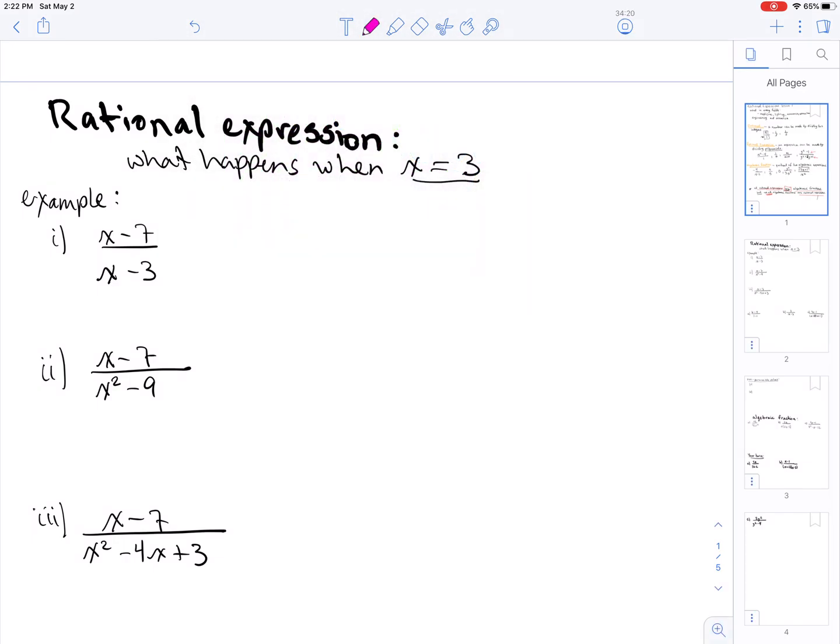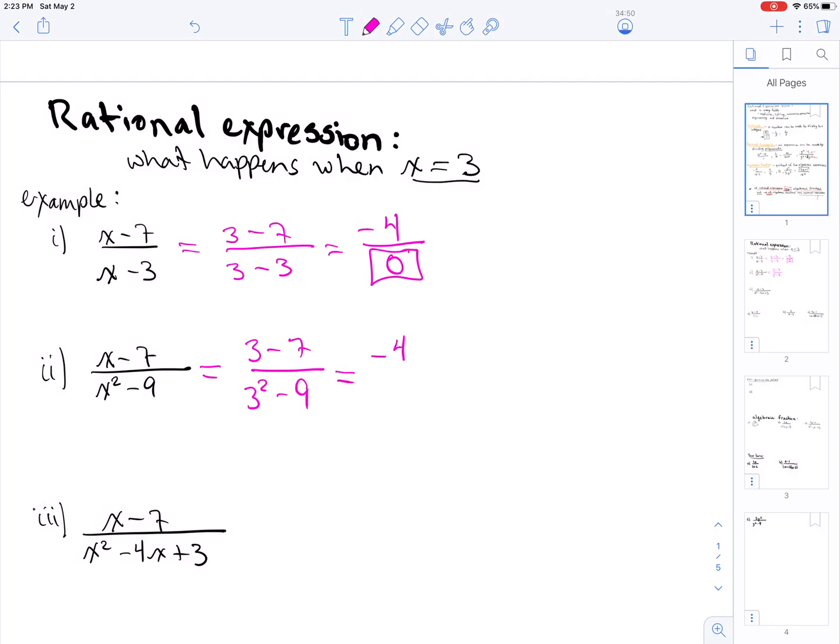Welcome back. As we see from the first one, if we put 3 in for x, we get minus 4 on the top and 0 on the bottom. There's a 0 on the denominator. Okay, let's keep that in mind. Let's look at the second one. We have 3 minus 7 again on the numerator. We have 3 squared minus 9 in the denominator.